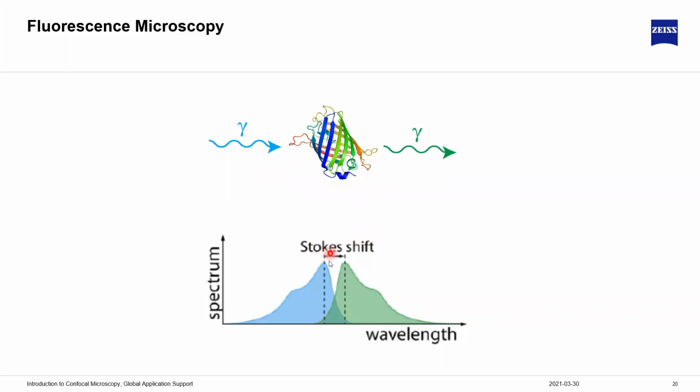This shift, this distance between the excitation and the emission light, is called Stokes shift. And this is something that we use in fluorescence microscopy, because now we are able to physically separate the incoming light from the light coming from your sample using certain optical elements, for example, beam splitters.